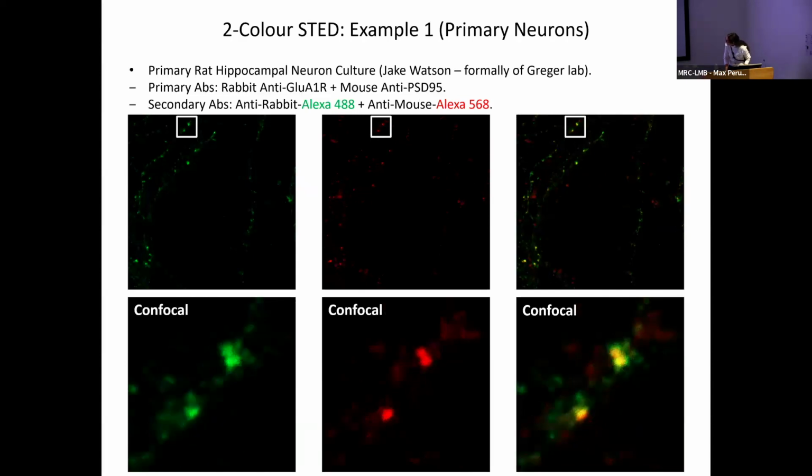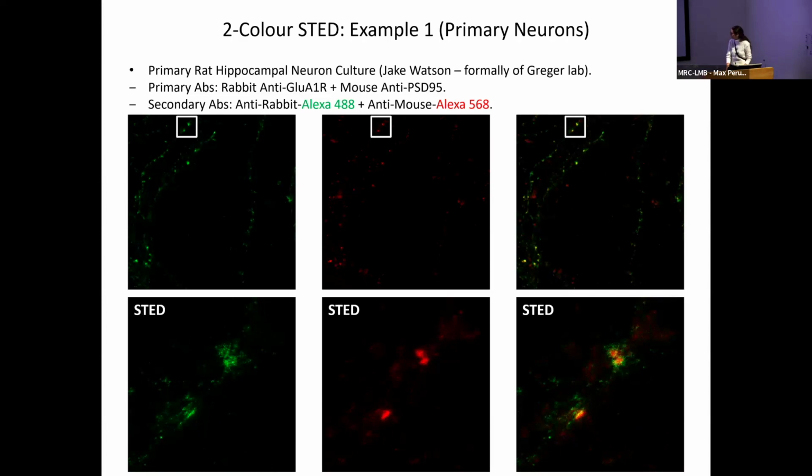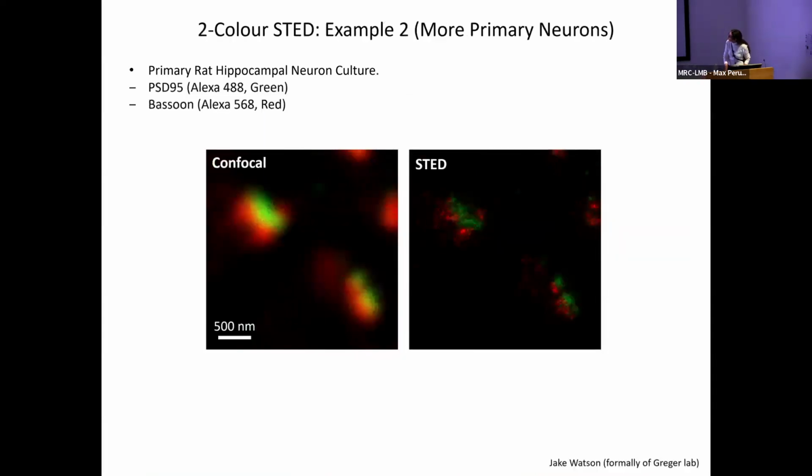They look quite similar, but here you can see that one is more dotty, the other one has a more intense structure. Same here. So you see the difference between confocal and STED, and you can clearly see an improvement in resolution.